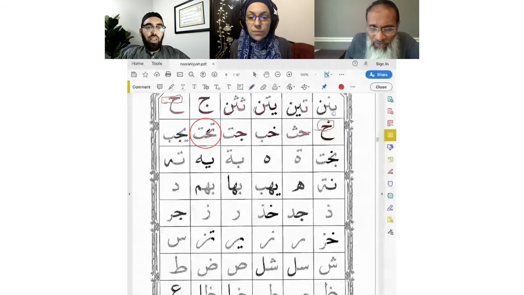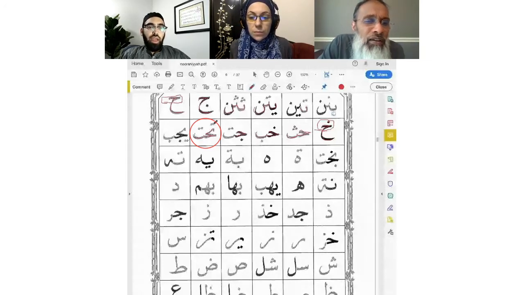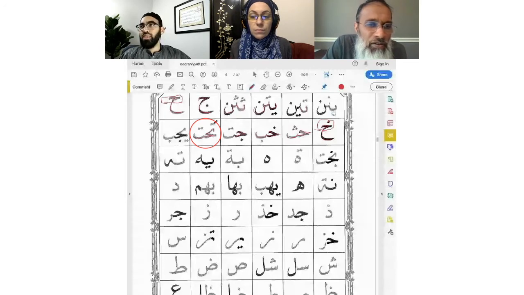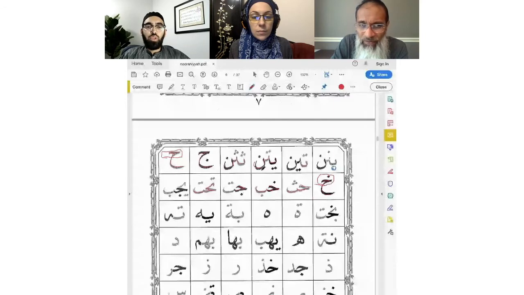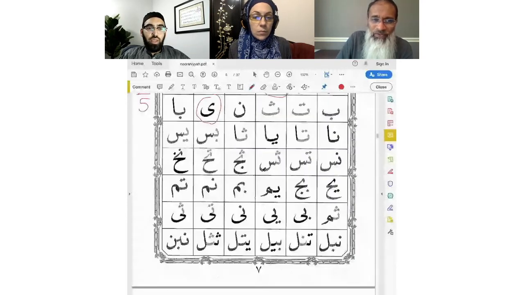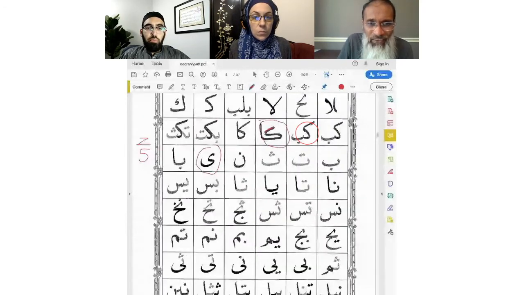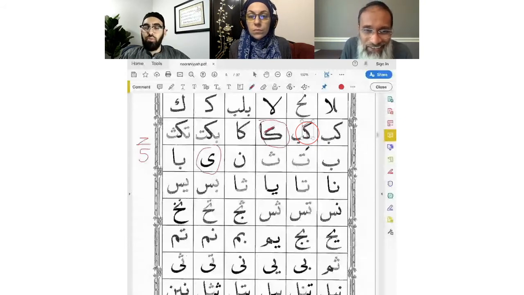This line has these 2 dots on top, which makes it ta. But it's similar to a smaller version of the kaf we saw earlier. The kaf would look really big. You see how big and wide it is? It covers the whole line from top to bottom. So kaf is huge. The kaf takes his space.